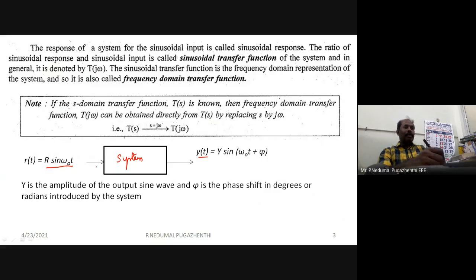You can see that the magnitude Y and the phase are the components available at the output stage. You are supplying a sinusoidal input and getting another sinusoidal output with a variation in the amplitude, because the amplitude of the input is R and the frequency is omega naught.